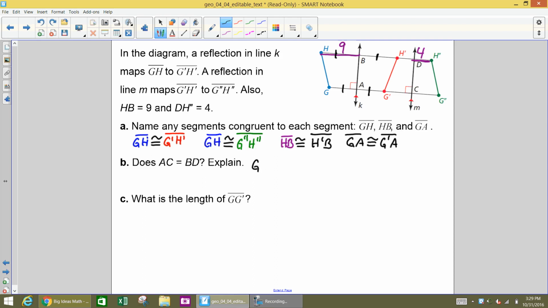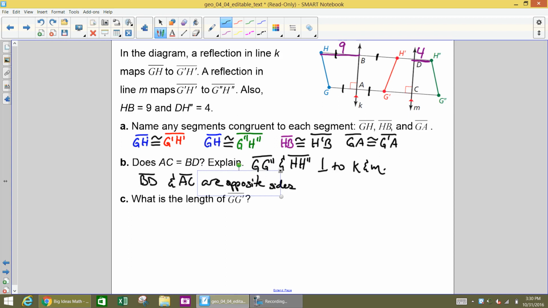Because G to G double prime, that segment, and H double prime are both perpendicular to lines K and M. So what that means is that segment BD and segment AC are opposite sides of a rectangle.